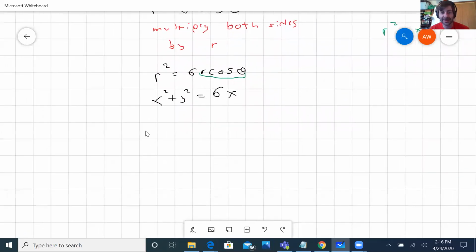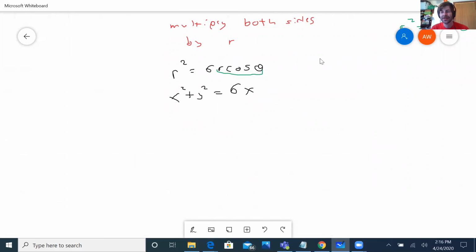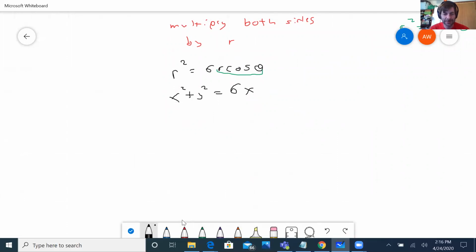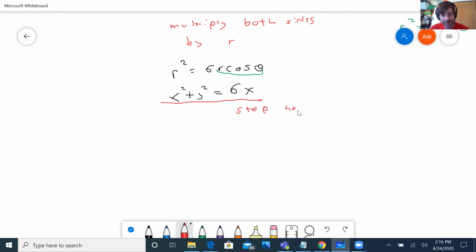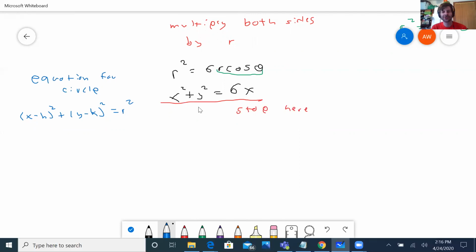So what is this thing? This is actually a circle. And maybe we're actually fine if you stop here. But for what it's worth, the equation for a circle, you might know from somewhere. So I can actually see that this is a circle. I'm going to go ahead and solve it so you can see it. I'm going to subtract 6x on both sides.